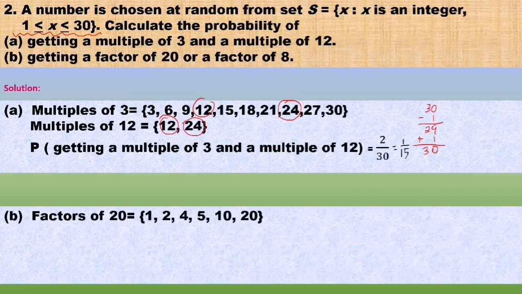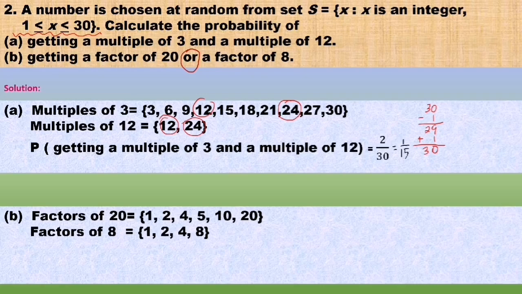B, getting a factor of 20 or a factor of 8. So I must list out all the possible outcomes factors of 20. And also factors of 8. Now the keyword for this question is OR.